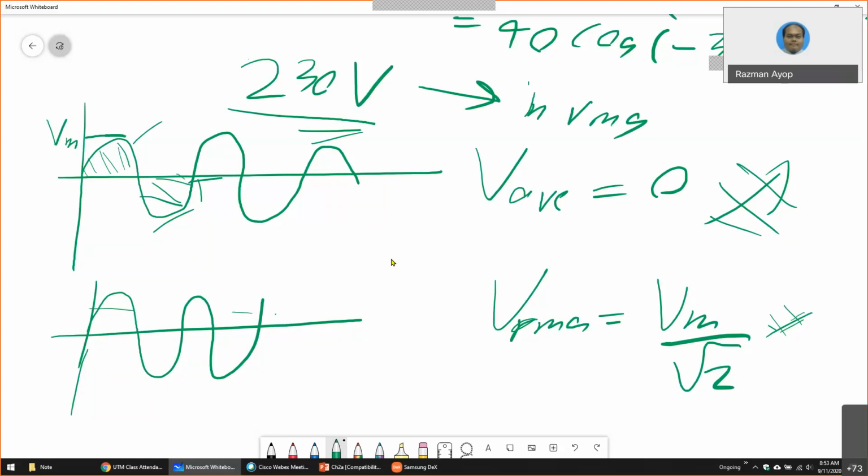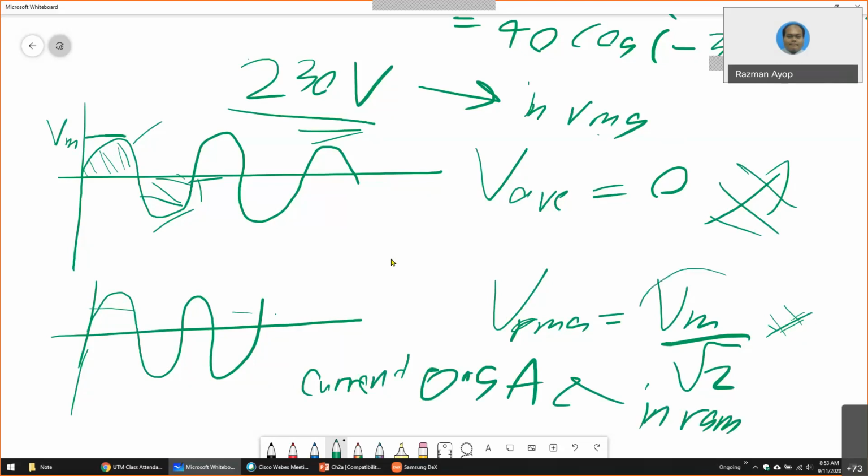For example, if the current for your phone charger is 0.5 ampere, it means this is in RMS and not the maximum. We will use RMS in your ratings or any value, so be careful.